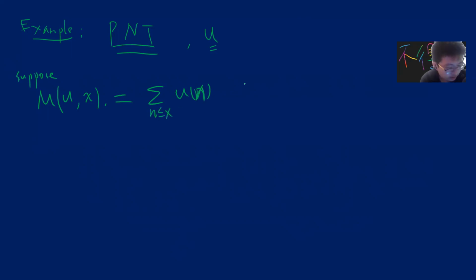Let's consider the Mobius function, and suppose that the summatory function M(x), the summation of mu(n) for n up to x, is big O of x^theta.